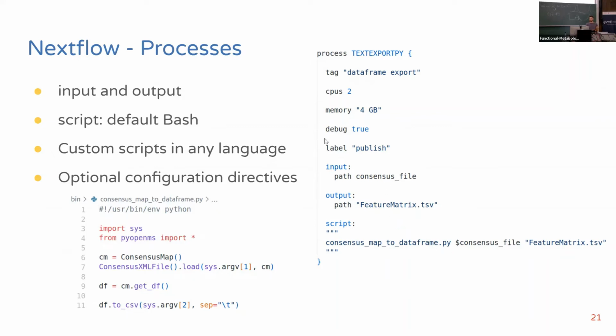And you could also have other directives here. For example, allocate resources, or tag them, so this will appear in the monitoring process. Or if you say debug, it will also print out all the standard output that is generated in your scripts.